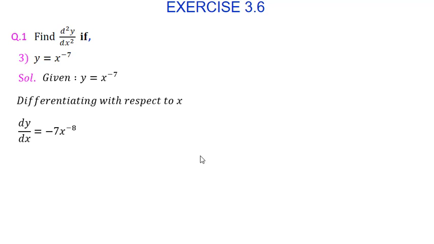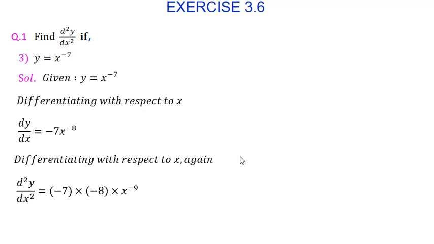We get dy upon dx as minus 7 into x power minus 8. We again differentiate this function with respect to x and we get d square y upon dx square as minus 7 into minus 8 into x power minus 9. Therefore d square y upon dx square is 7 8s are 56, and this x power minus 9 I will write as divided by x power 9.